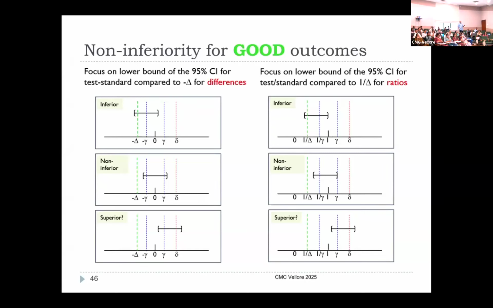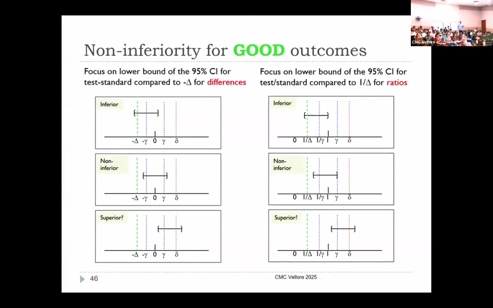The same image happens if I'm looking at ratios like relative risk, hazard ratios or odds ratios. The diagram is the same, but the units are now 1 over here, and 1 over delta and 1 over delta here.